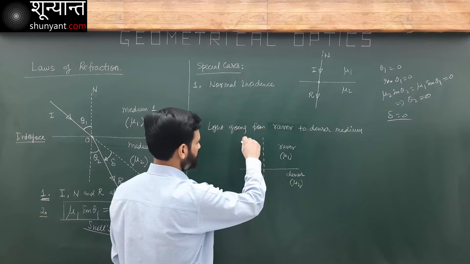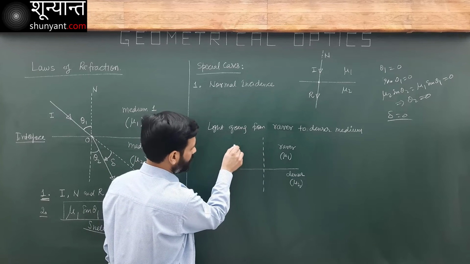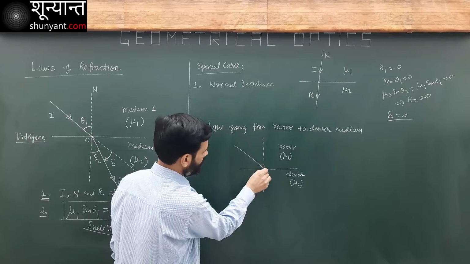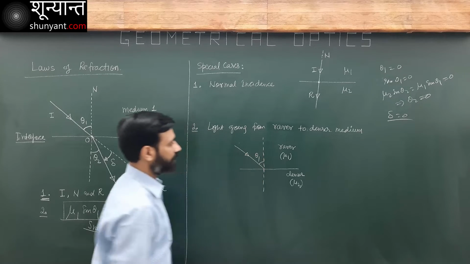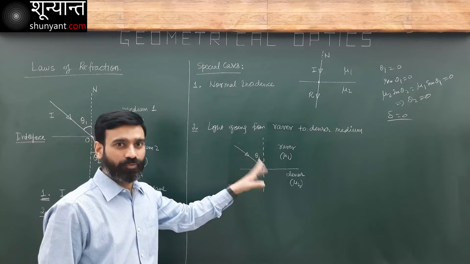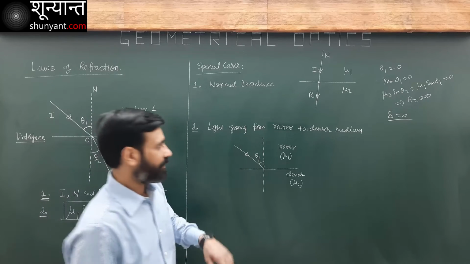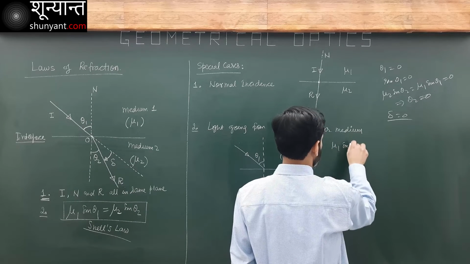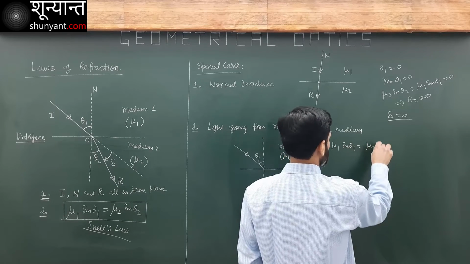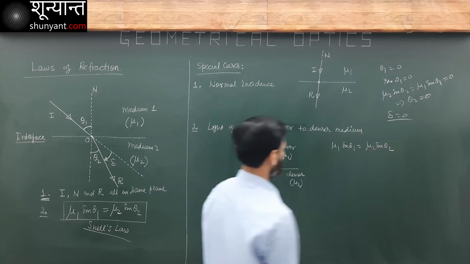Light is incident here in the rarer medium, this is the interface. This angle is theta 1. I want to find what will be theta 2. Then I will write mu1 sin theta 1 is equal to mu2 sin theta 2.